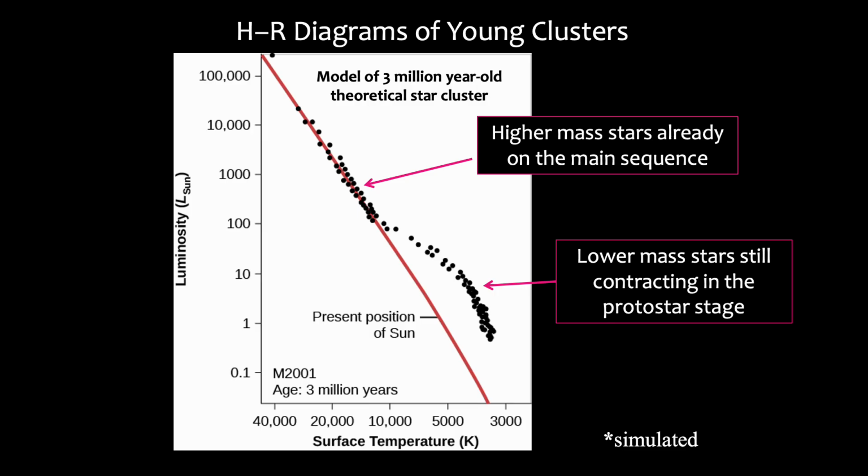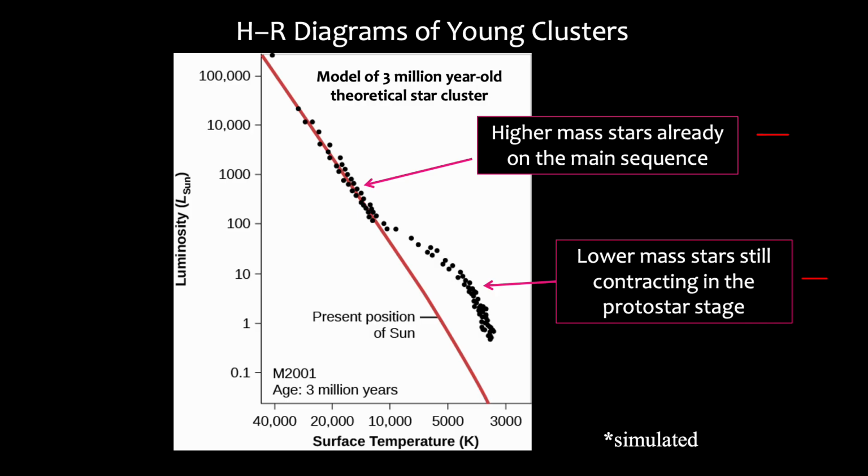And here's the result: after 3 million years, the higher mass stars have already reached the main sequence out of the protostar stage, while the lower mass stars are still in the protostar stage, contracting towards the zero-age main sequence, falling behind basically. Once again, the more massive stars evolve faster.